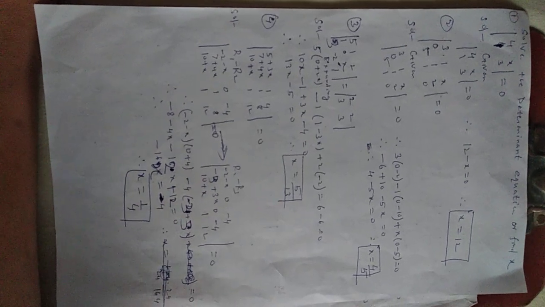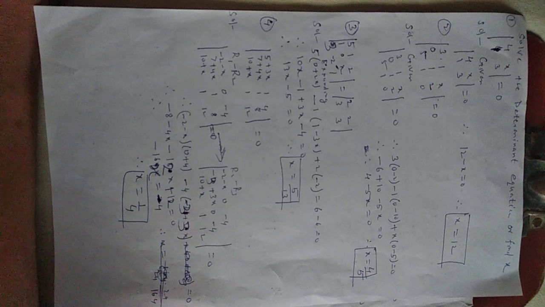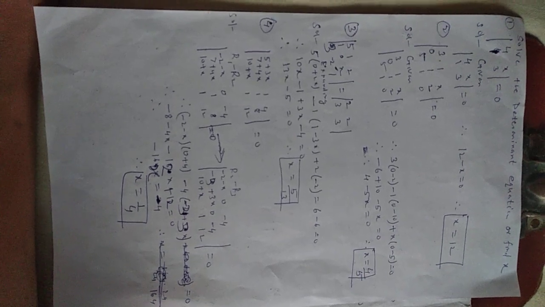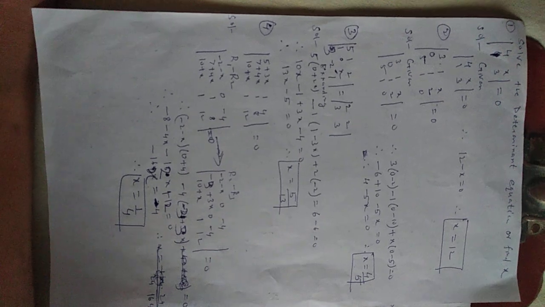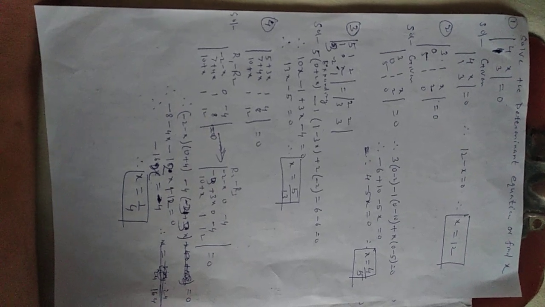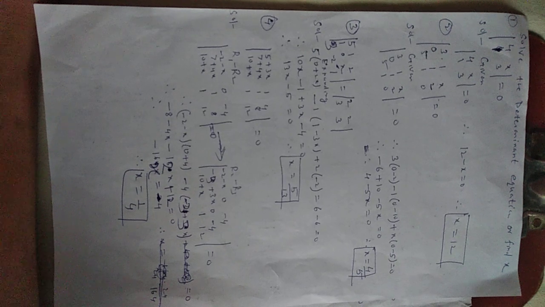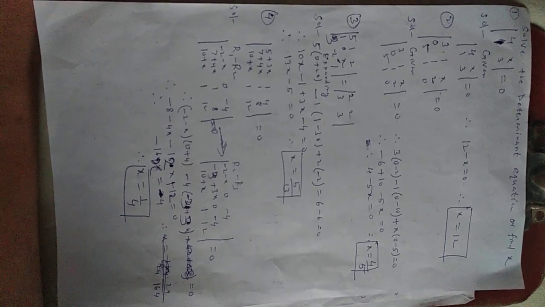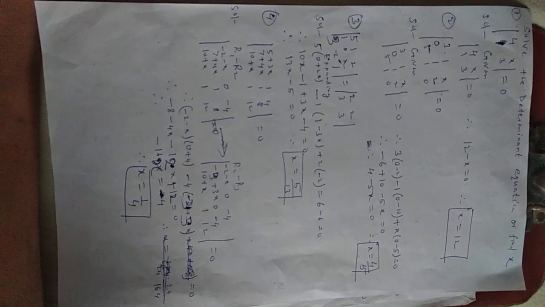Next one is fourth one, 5 plus 3x 1 4, 7 plus 4x 1 8, 10 plus x 1 12 equal to 0. By direct expansion you can find the value of x, or using the properties. I suppose you have studied the properties, otherwise I will give it in the next lecture, the properties. So properties, R1 minus R2 means first row minus second row.